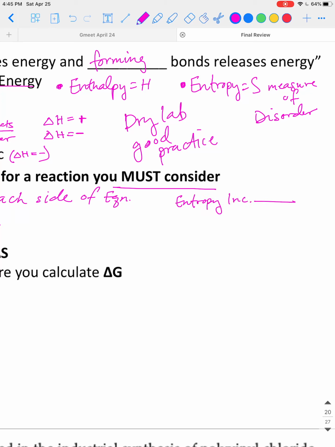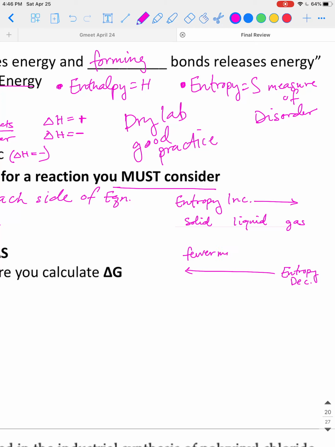Okay, so remember this, that entropy increases as you go from solid to liquid to gas. Gases are most disordered, so entropy increases as you go that way. Entropy decreases as we go the opposite way.